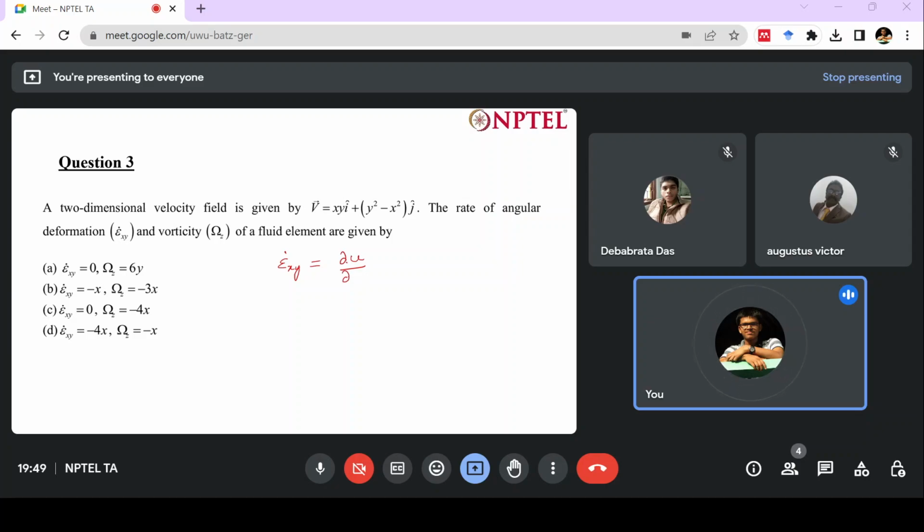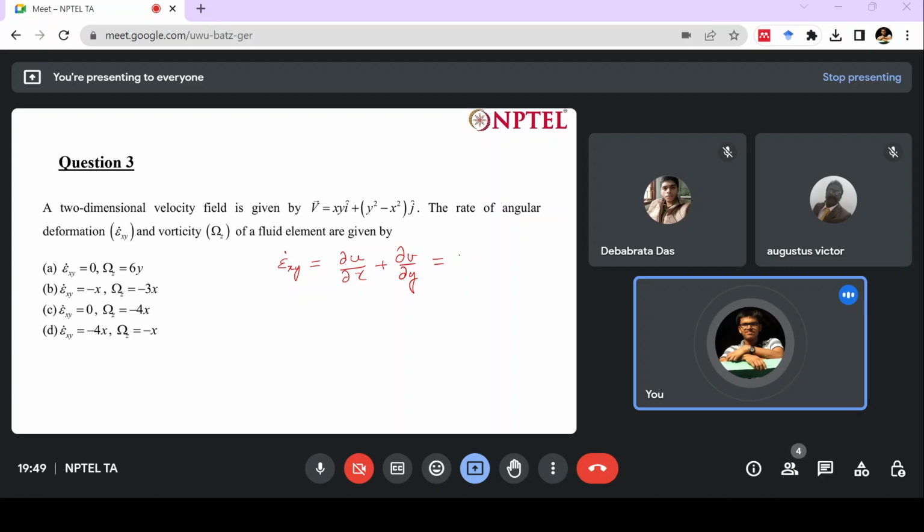So this is del u del x plus del v del y, and put in the components here. So x into y, partial derivative with respect to x, so y will be kept constant.